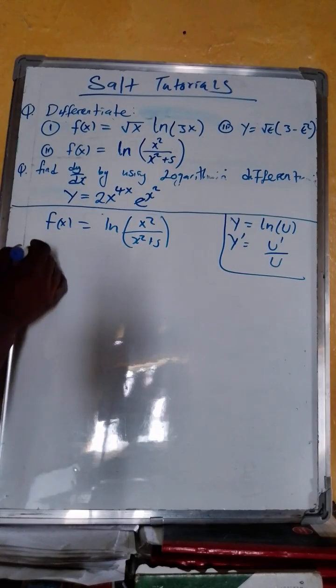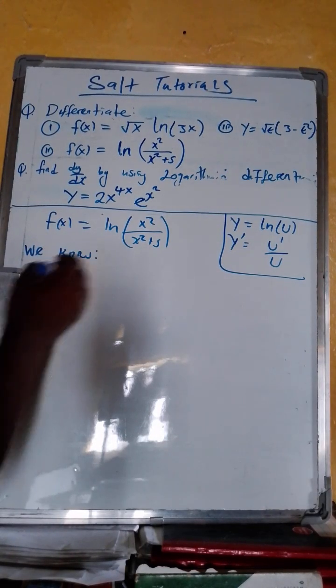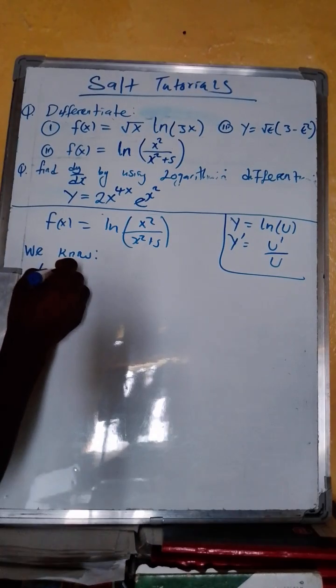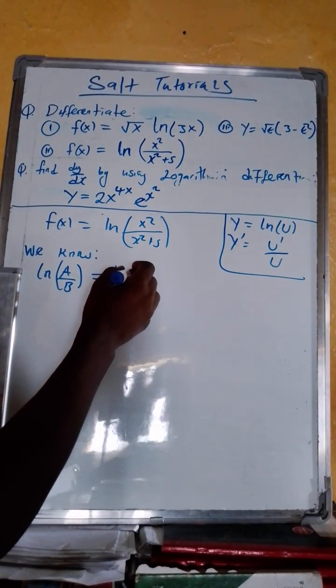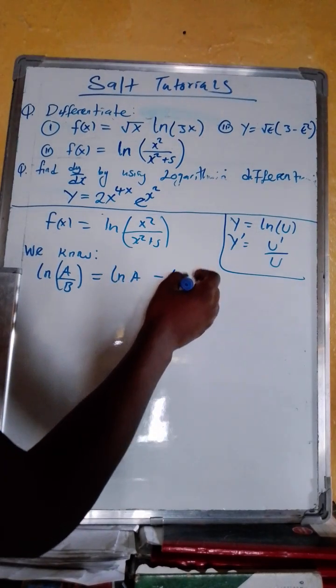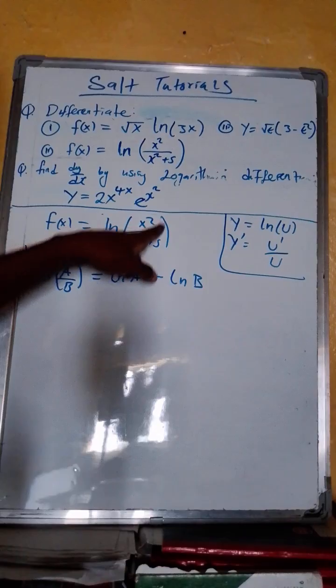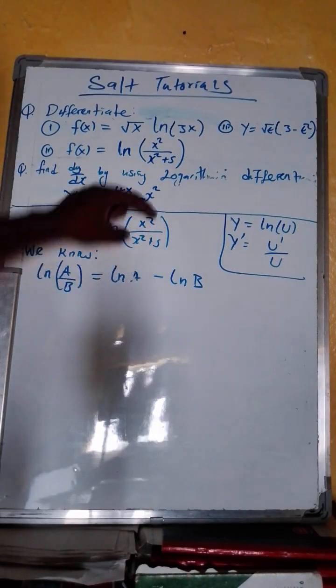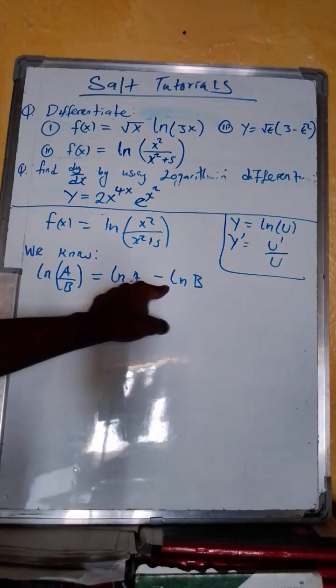We know that the natural log of a over b is basically equal to the natural log of a minus the natural log of b. Remember that? So this is in the form of that: this over that. If it was a multiplication, a times b, it would have been the natural log of a plus the natural log of b.